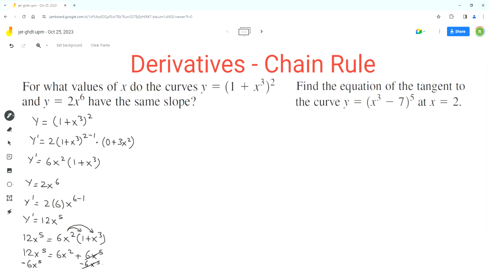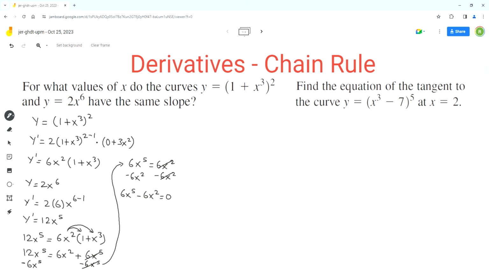So we get 12x^5 minus 6x^5, which is 6x to the power 5, equals 6x squared. Now we can subtract 6x squared from both sides. We are doing this so we can set the equation equal to 0 and then solve for x. So on the left side we get 6x to the power 5 minus 6x squared equals 0.